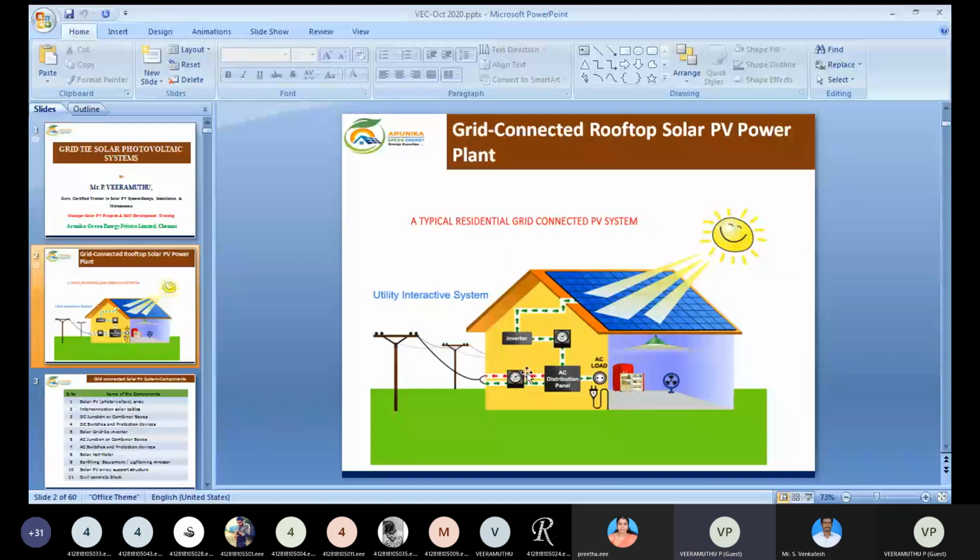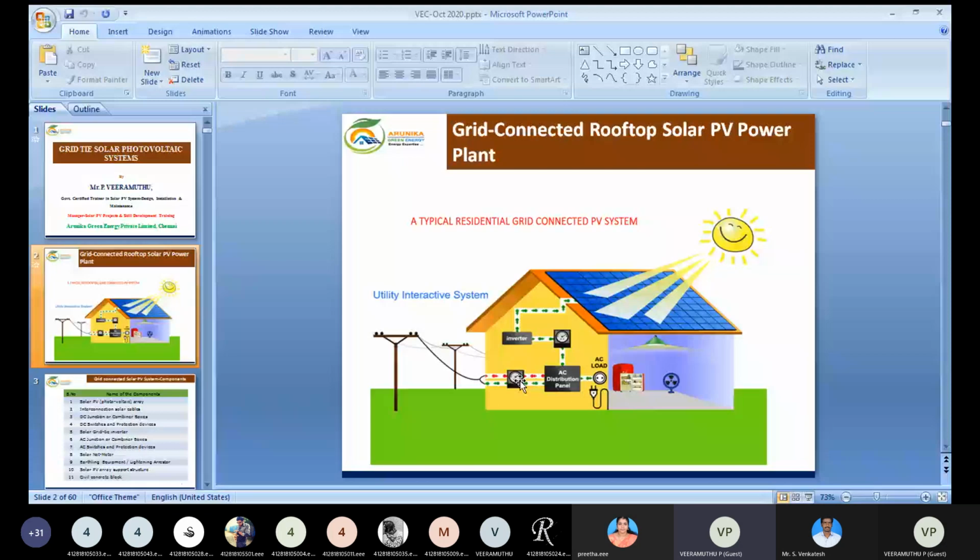If your home load is less than the installed PV plant capacity, the excess generated electricity is exported to the EB through this net meter. The net meter records the export value.